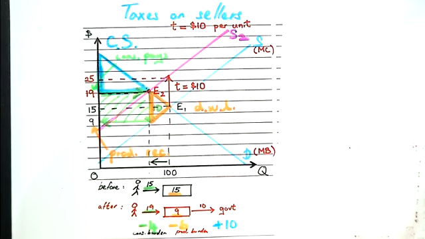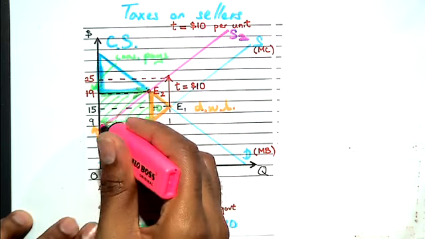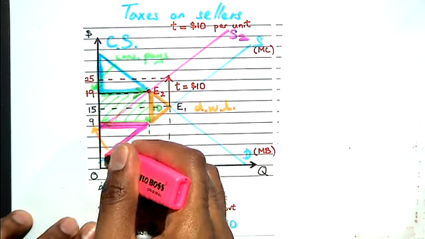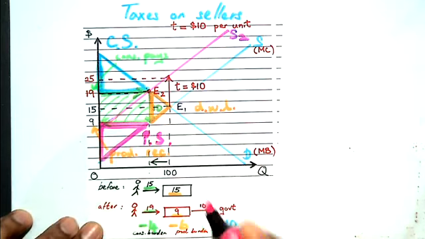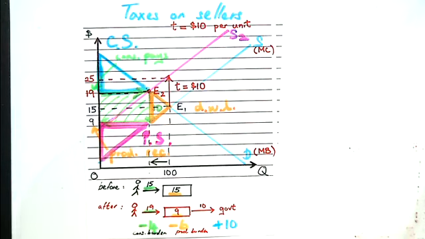And the bottom triangle is producer surplus. That's for a tax.